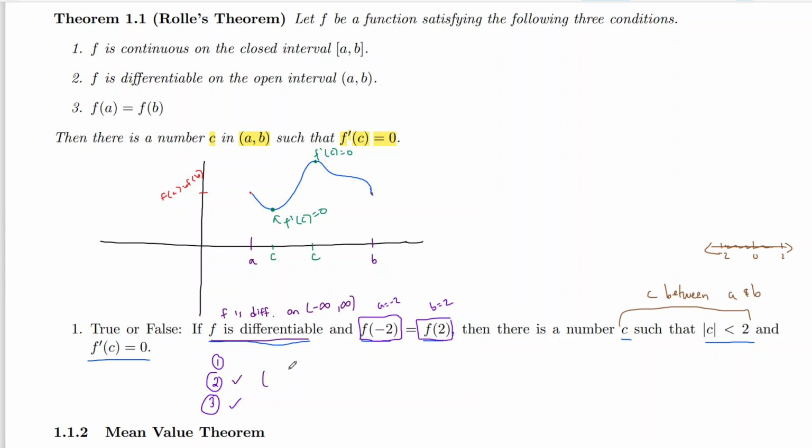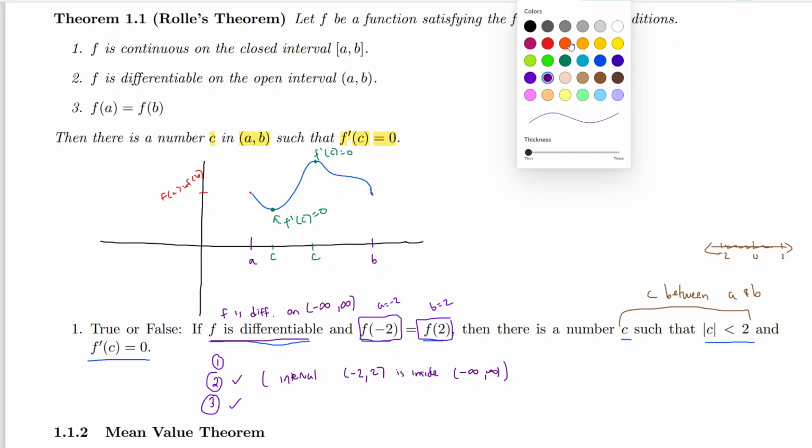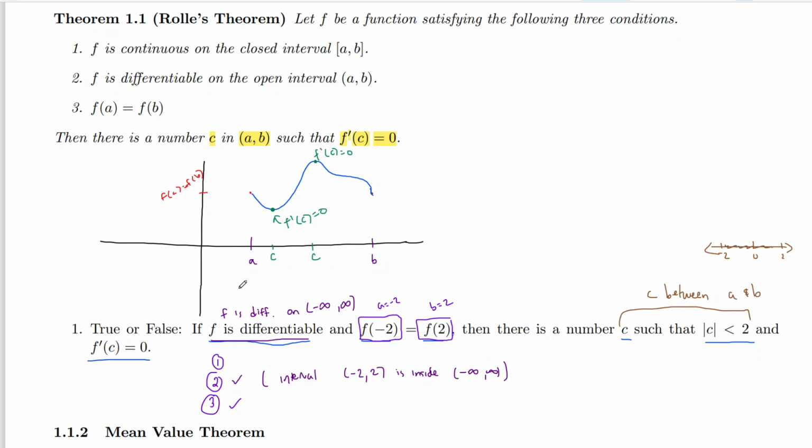The way you can think about this is that the interval -2, 2 is inside where the function is differentiable itself, -infinity to infinity. All right, so the last one that might be a little more indirect, but it's actually true, is the continuity.